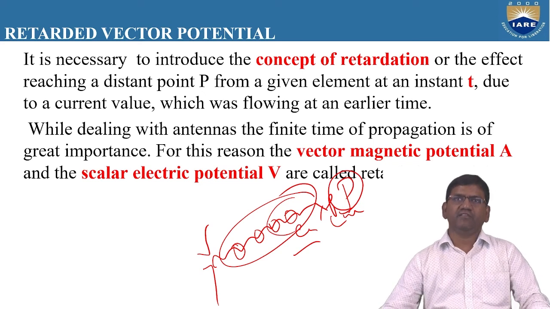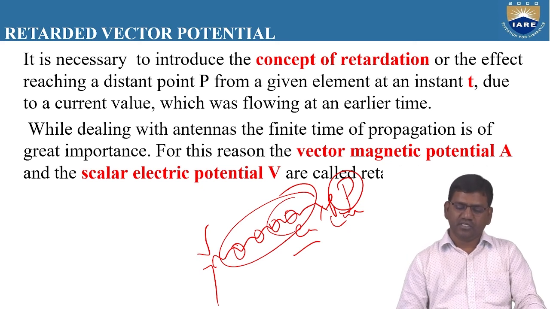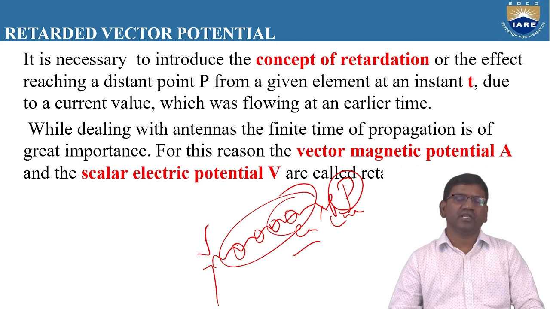While dealing with antennas, the finite time of propagation is of great importance. For this reason, the vector magnetic potential A and the scalar electric potential are known as retarded potentials. That means the potentials which we are going to calculate at the distant point P, we call them retarded potentials.